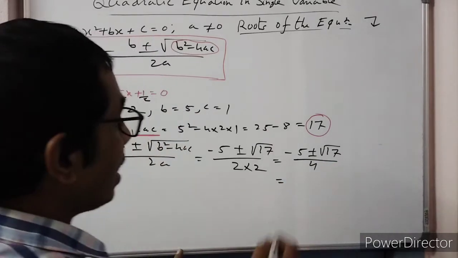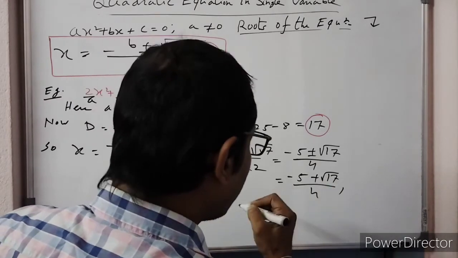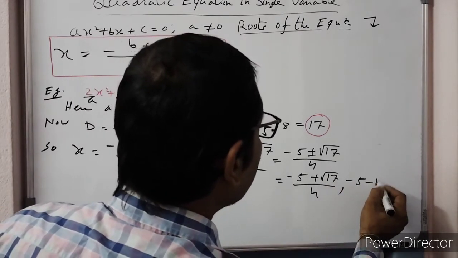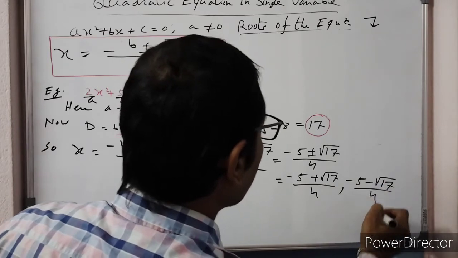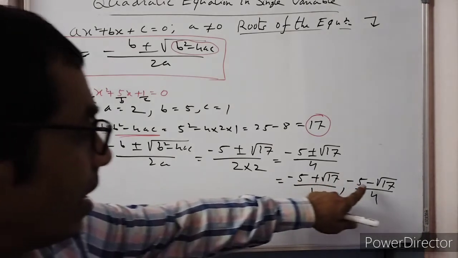So the roots are minus 5 plus root over 17 by 4, and another is minus 5 minus root over 17 by 4. There are two roots.